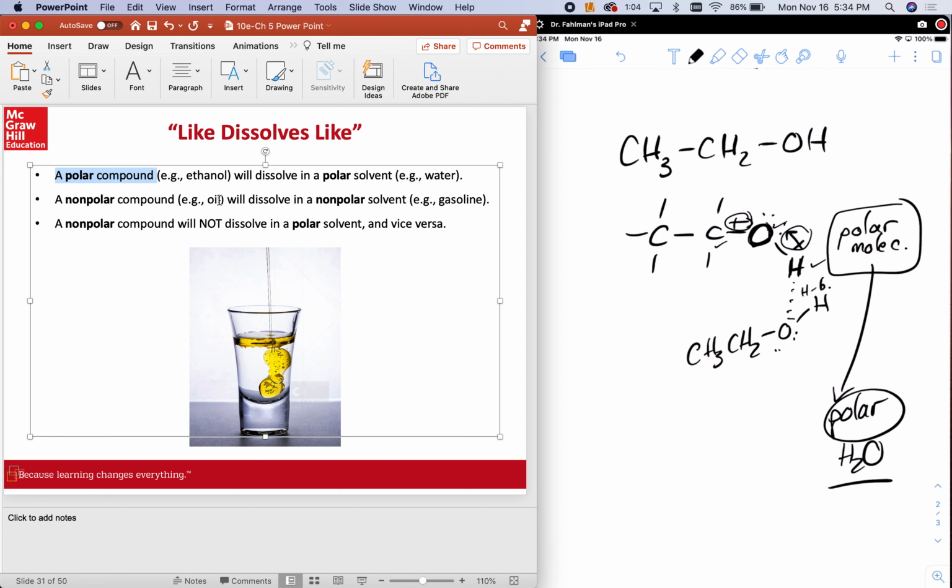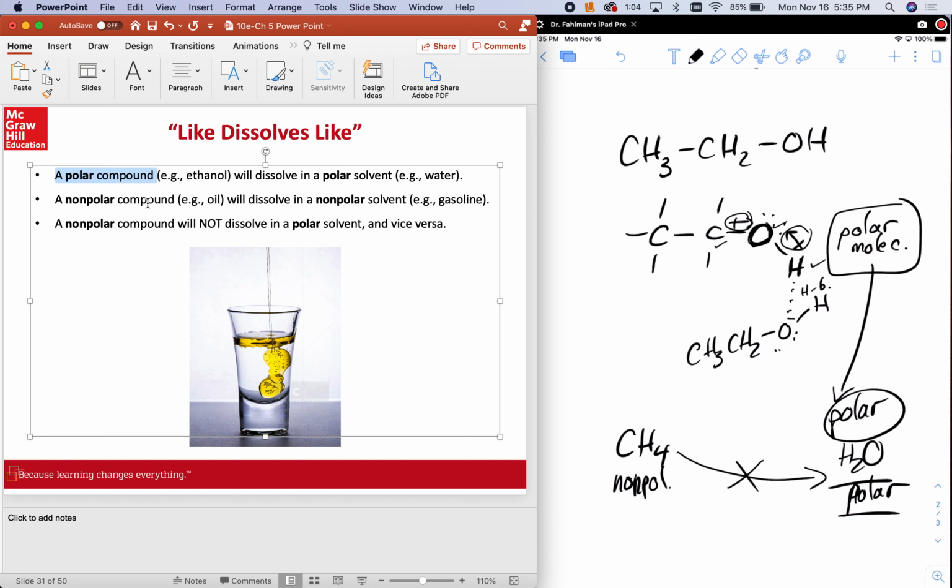But if you have a nonpolar compound like oils or organics, for instance, this is methane, that will not dissolve in water because this is nonpolar and water is polar.